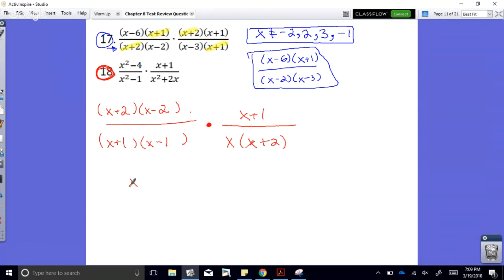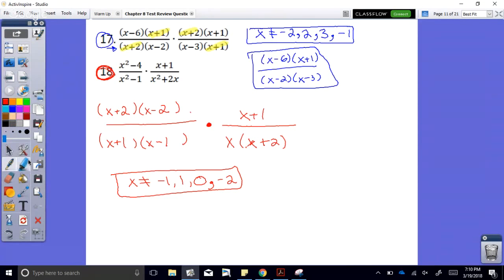So we factor. We're then going to say what x cannot be. So the plus 1 says x cannot be negative 1. The negative 1 says x cannot be 1. Anytime there's an x or a y or a z by itself, it cannot be 0. And the plus 2 says that x cannot be negative 2. We're now going to see if anything cancels.